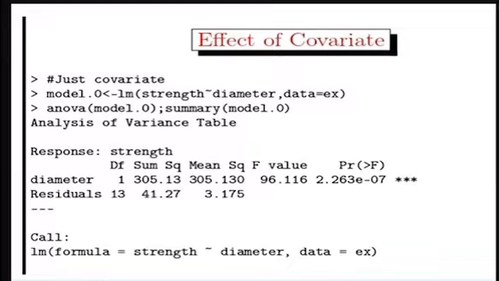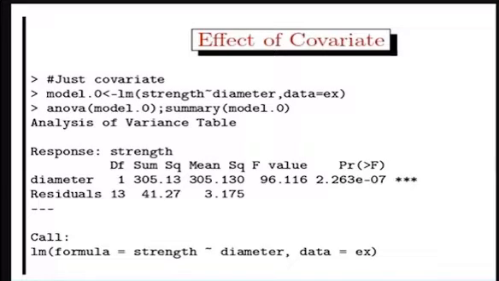Number one of the additional ones is that there must be a relationship between the covariate and the response variable. And number two, there must not be a relationship between treatment and the covariate. The treatment is a factor, a categorical factor, right?